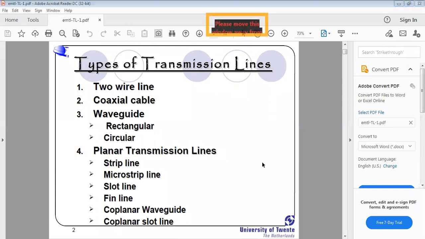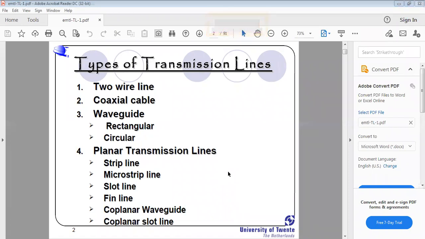What are the types of transmission lines studied? Two wire line, coaxial line, waveguide, in the rectangular and circular waveguides. Again, planar transmission lines: stripline, microstrip line, slot line, and fin line. What is the purpose of these planar transmission lines? Where exactly are they suitable? These transmission lines are suitable especially in ICs. Why?